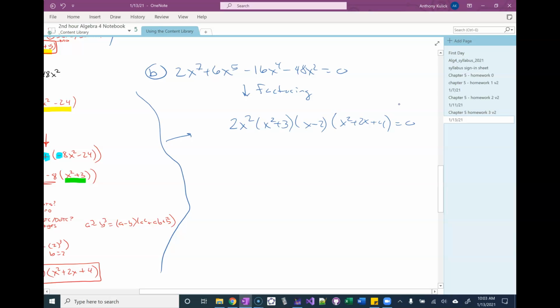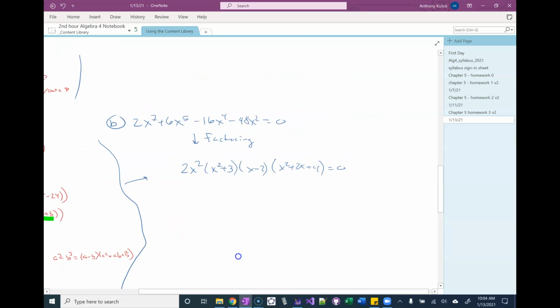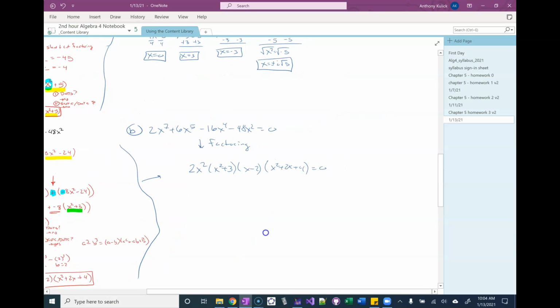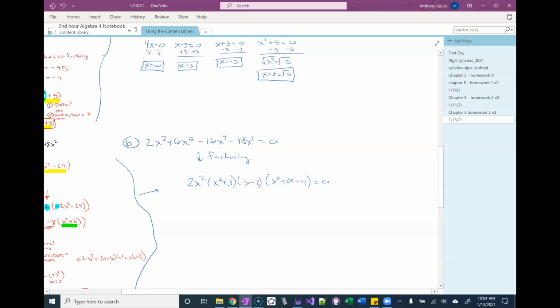So again, we just stole the factoring work to get to this point. And I can use that to set each piece equal to 0.